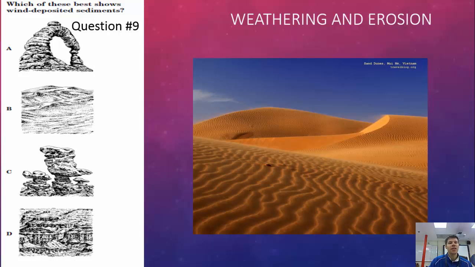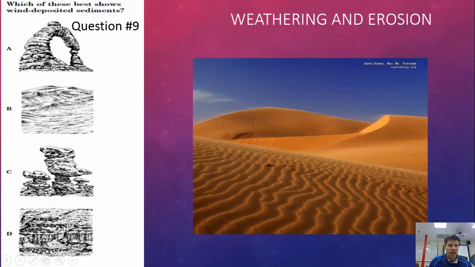These are usually in the desert, but very possibly made by wind picking up the sand and sand blasting these little rocks and breaking them down. So A and C could be made by the wind, but they are not deposited by the wind.